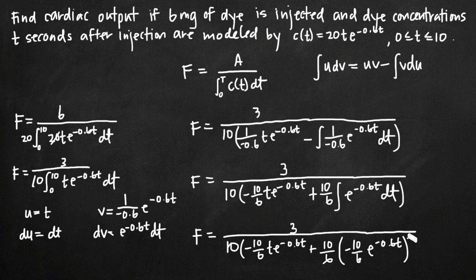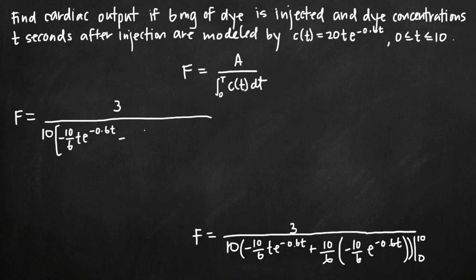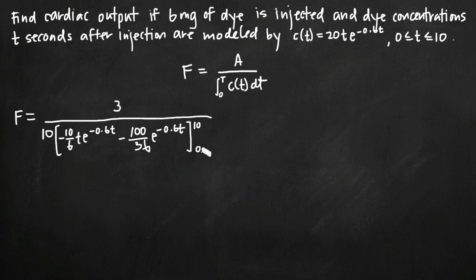And the important thing to remember here is that we're going to be evaluating this whole thing on the range 0 to 10. So the 0 and 10 that we had right here, we have to carry all the way through and evaluate on this range. So we'll do a little bit of simplifying here, and now we can evaluate from 0 to 10. We'll plug 10 in first, and then we'll subtract whatever we get when we plug in 0.